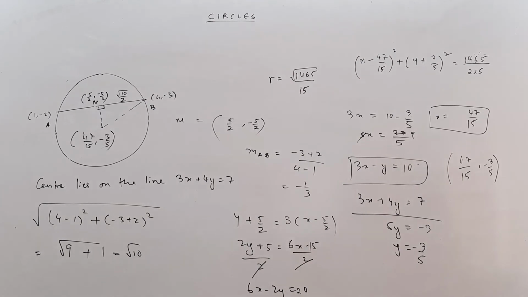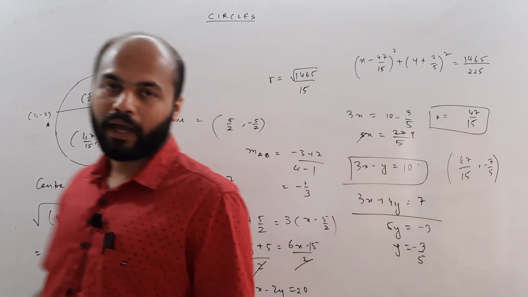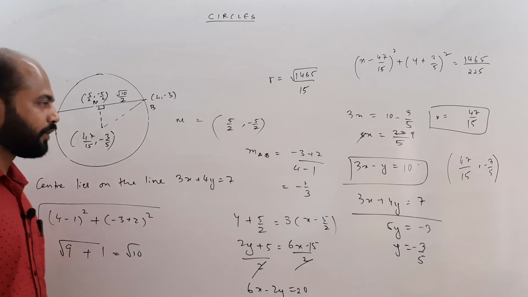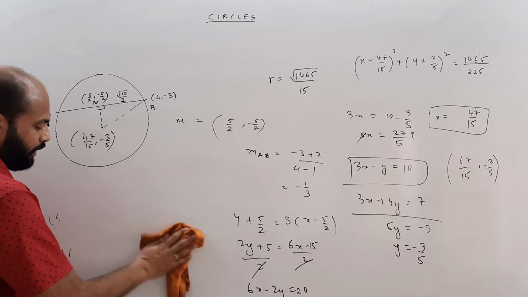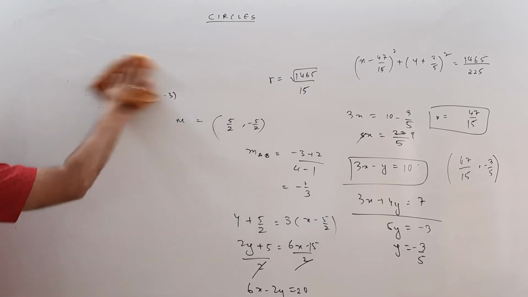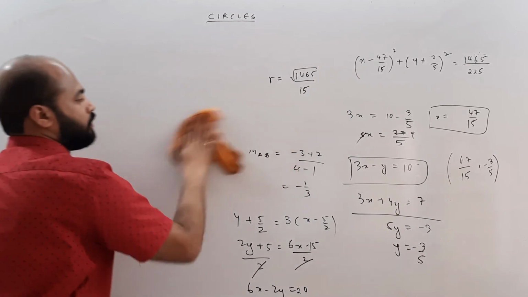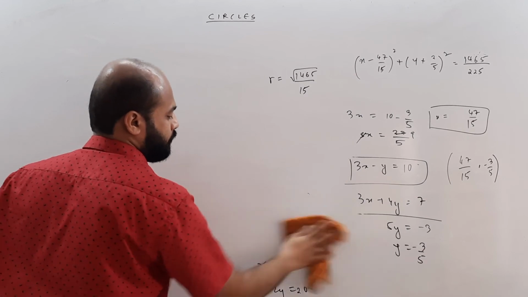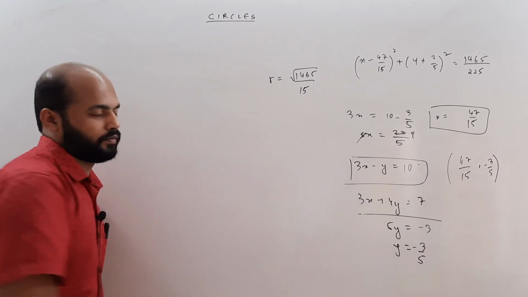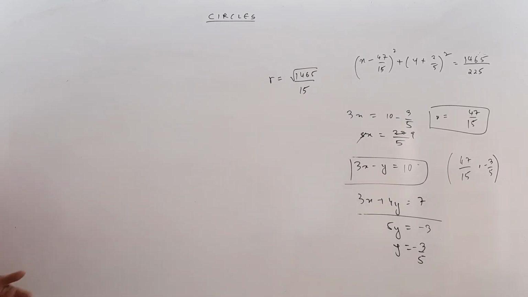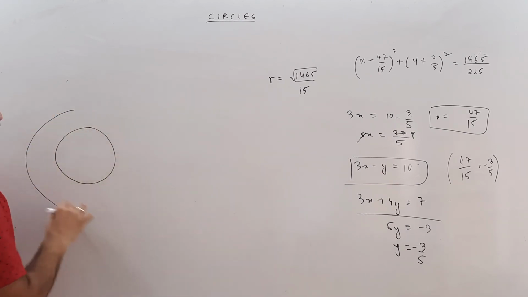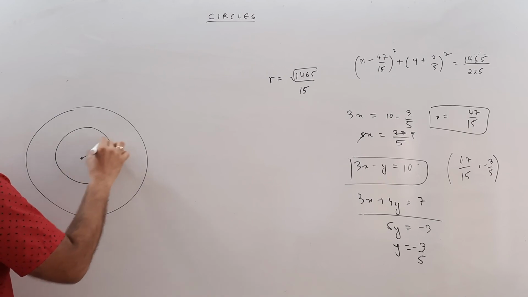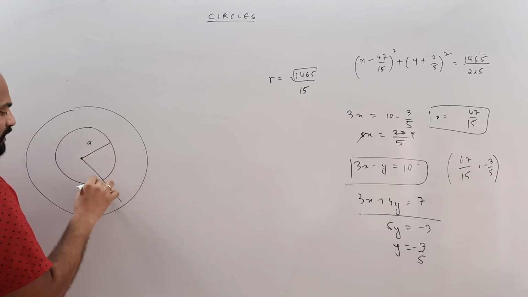Now moving ahead with the concepts, let's say we have a pair of concentric circles, and we have to find the equation of those concentric circles. Let's say this is one circle, this is another circle. You can clearly see that the center remains the same.